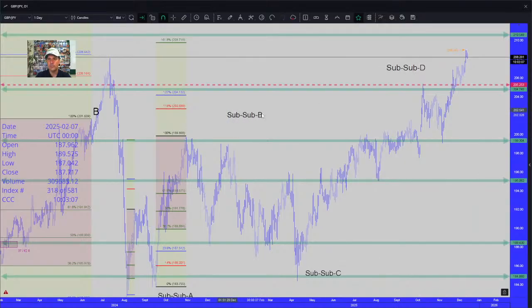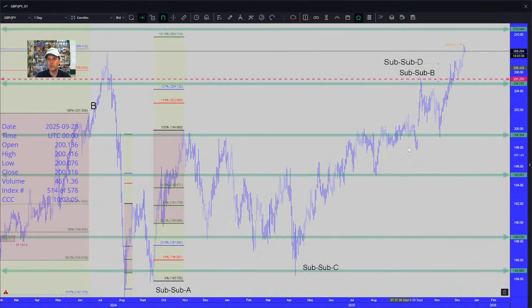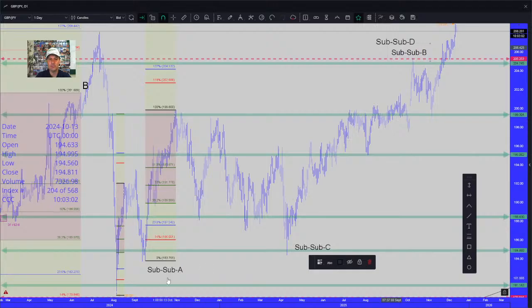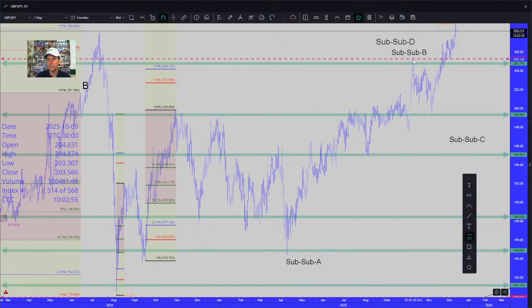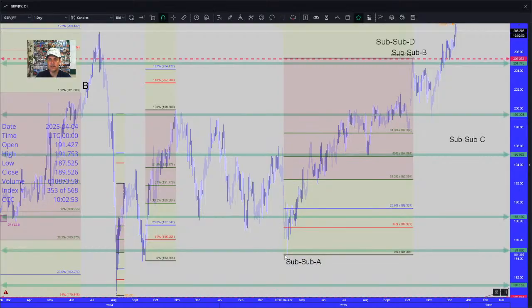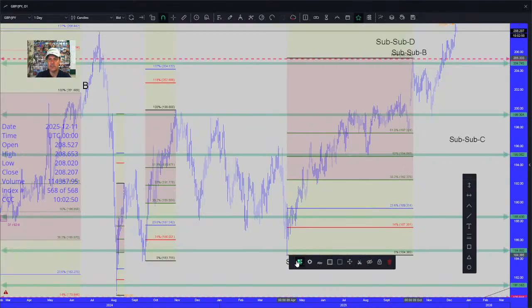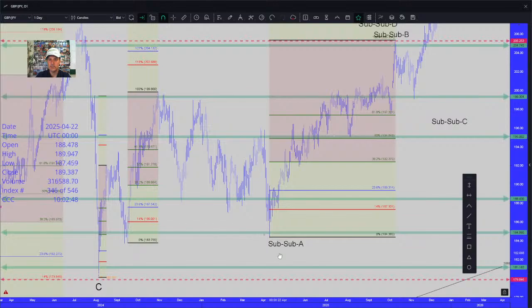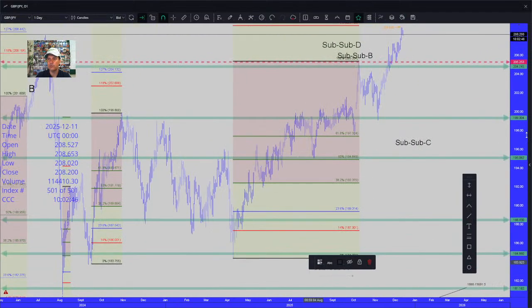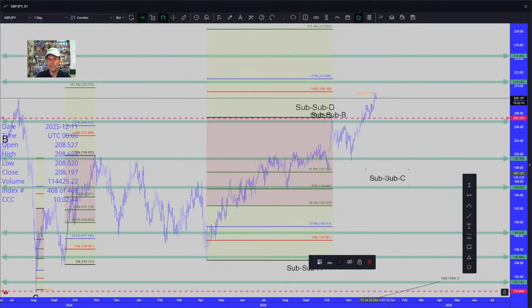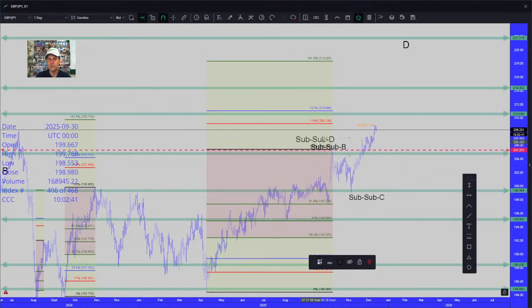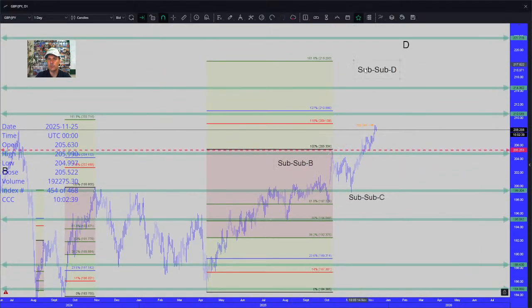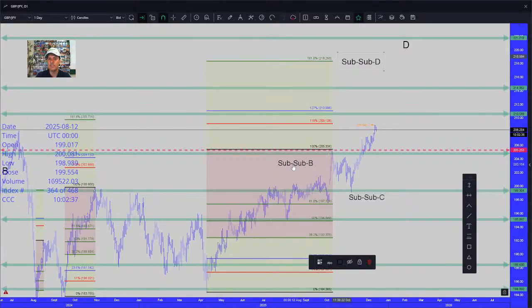So now sub A goes to sub B goes to sub D, and sub A goes to sub C, right? And we just readjusted the confirmation Fibonacci in an uptrend, right everybody? So that's the sub A so far, that's the sub C so far, and because green goes to green, so far the sub D, right? Sub B, sub D, okay everybody?